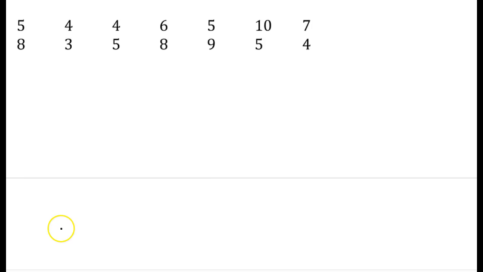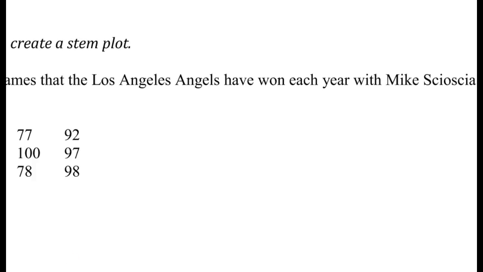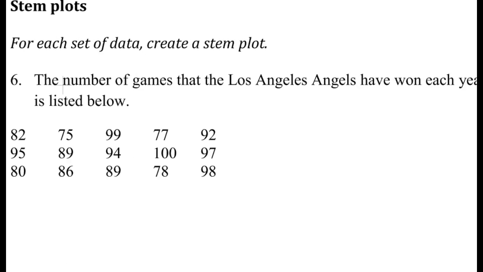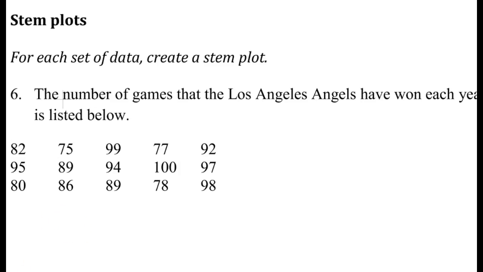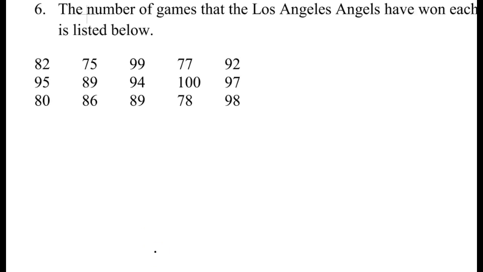So for stem plots in the back, you might know these as stem and leaf plots. For stem and leaf plots, my advice to you is to first write them in order from least to greatest. And then you're going to group these by what they start with.